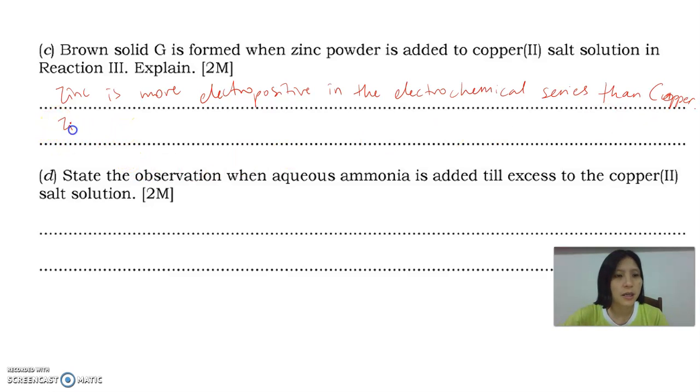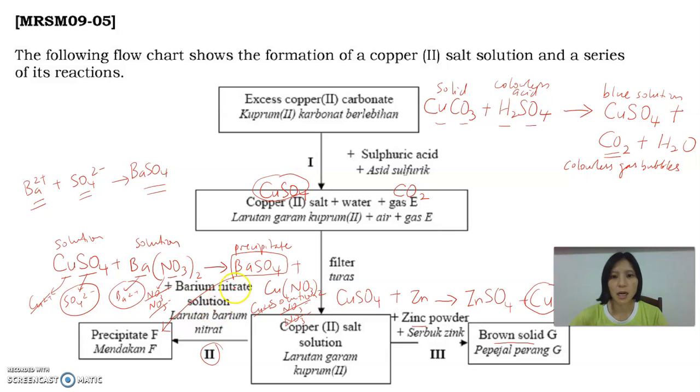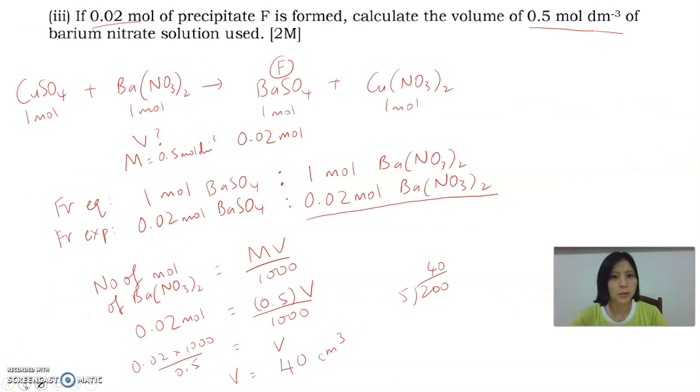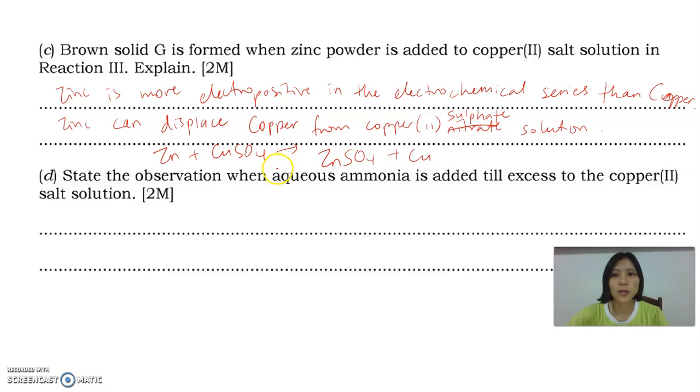Therefore, zinc can displace copper from copper(II) nitrate solution. Is it copper(II) nitrate? Let's double check. Copper(II) sulfate, sorry, copper(II) sulfate solution, from this equation. So zinc can displace the copper from the copper(II) sulfate solution.